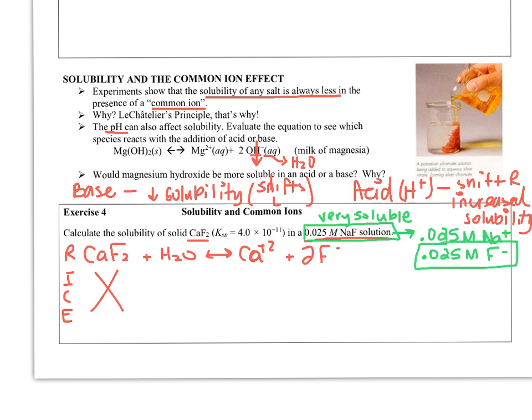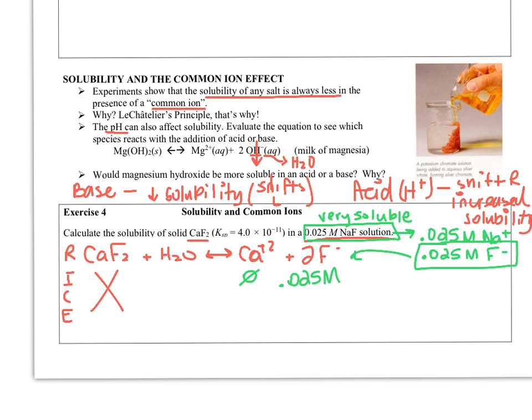So my initial amount, I still don't have any calcium, but I'm initially starting with 0.025 molar of those fluorine ions because I already had that in the solution before I added the calcium fluoride. Now, hopefully you realize if I start with some of that, that is not going to be ideal. It's not going to like it.